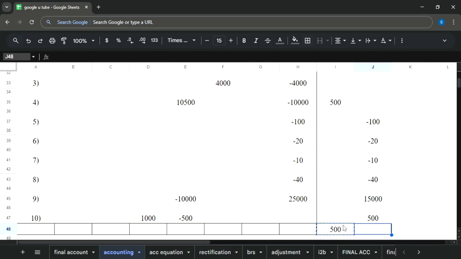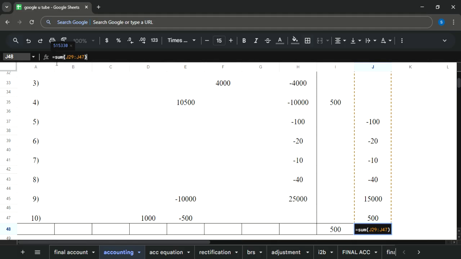Same step you will be doing for this and calculate the sum of all the commodities. How will you calculate the sum? You may use a calculator, or if you are making these transactions in Excel, please note this formula.